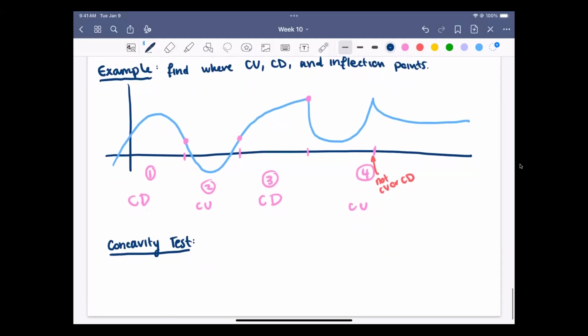So this says that if f double prime of x is greater than 0 on an interval, then what should the conclusion be? It's going to say something about the concavity.